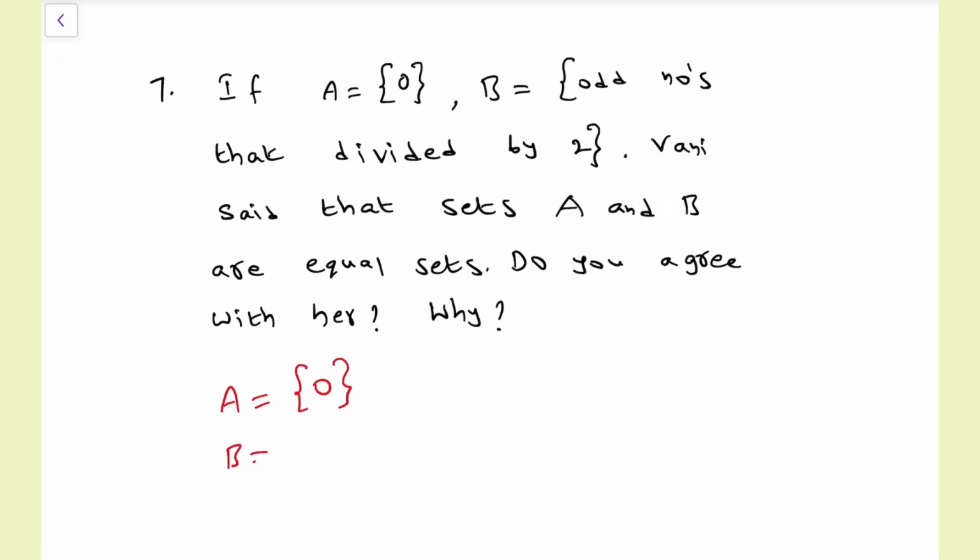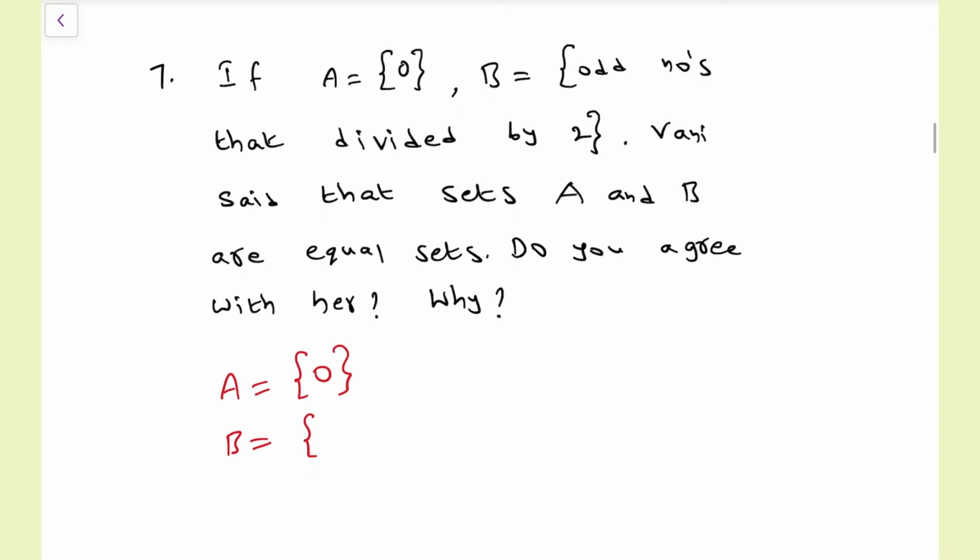Set B, let us read that again: odd numbers that are divisible by 2. Actually, no odd number is divisible by 2. Only even numbers are exactly divisible by 2. So set B we can write as just the empty set.